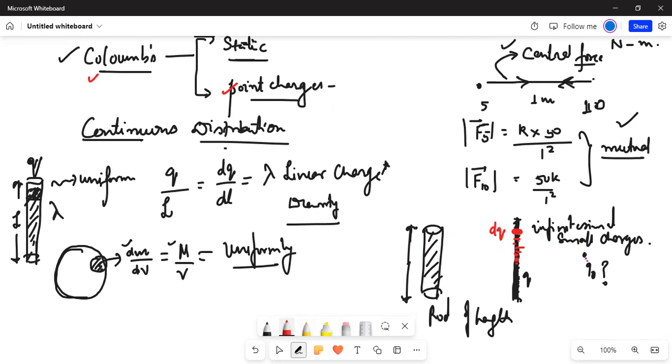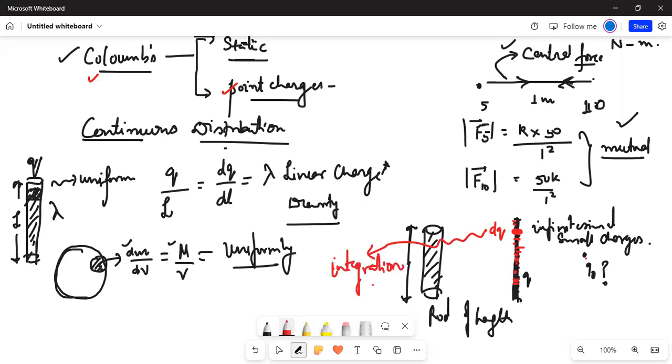And after knowing this particular force, you will again take some dq from here, again dq from here, and you try to now add all these up. In physics and mathematics, this kind of adding, where you have this variable summing, is governed by integration.